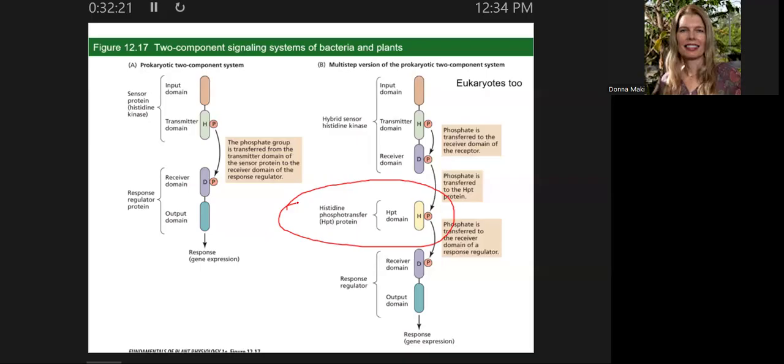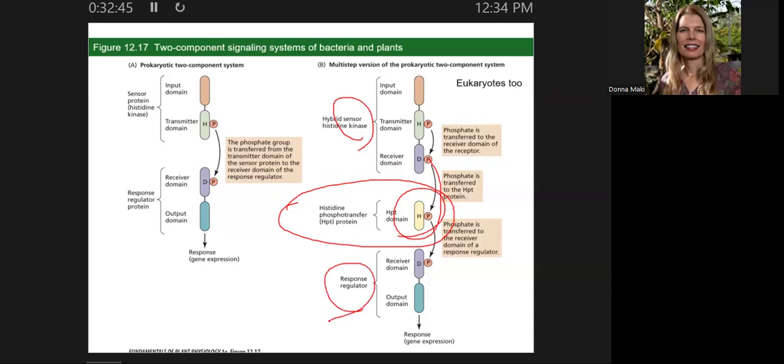You have a sensor kinase that will interact with some signal that it's getting, and then it's going to transfer a phosphate. And in this case, it goes to the transfer protein in the middle, and then that one gives it to the response regulator.